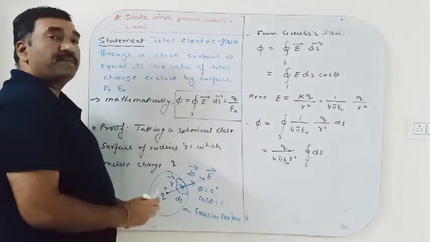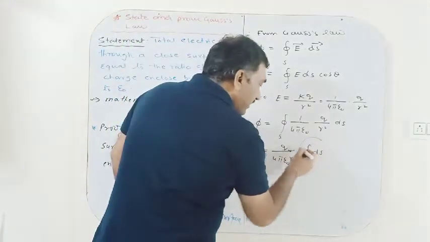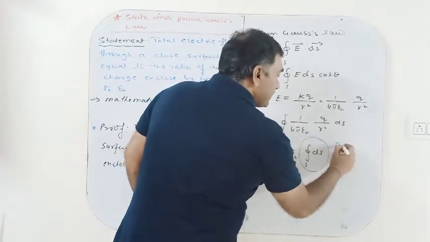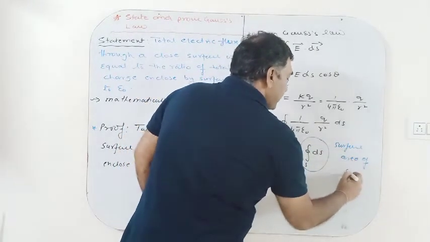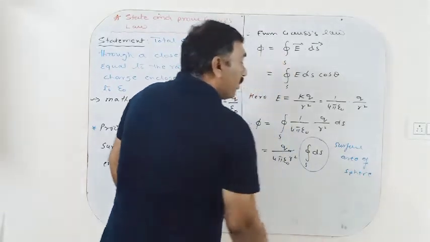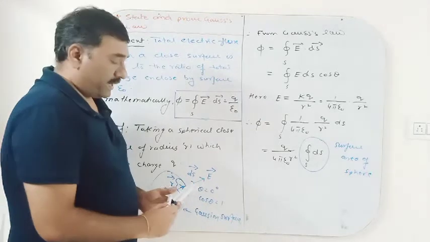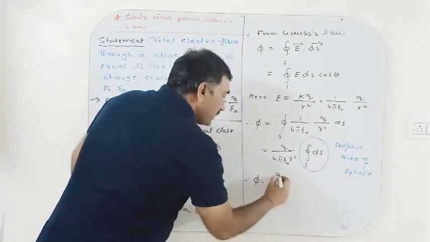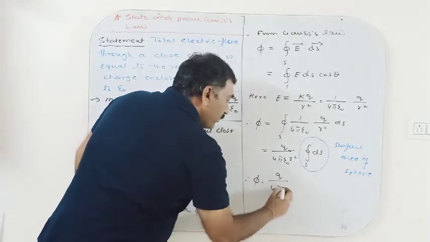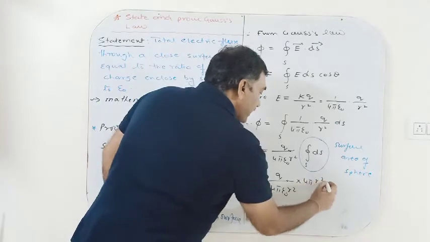What does this surface integral of ds represent? It represents the surface area of the sphere. And you all know the formula for the surface area of a sphere: it is 4 pi r square. So the flux becomes q divided by 4 pi epsilon 0 r square multiplied by the surface area 4 pi r square.